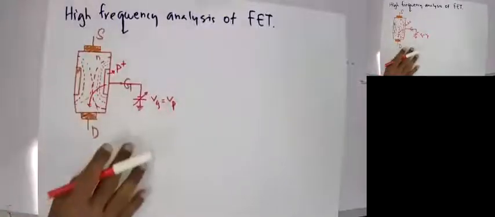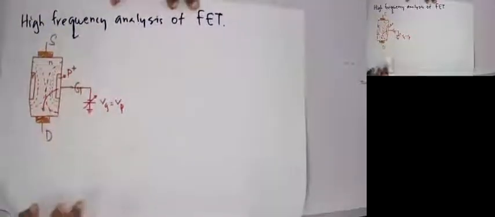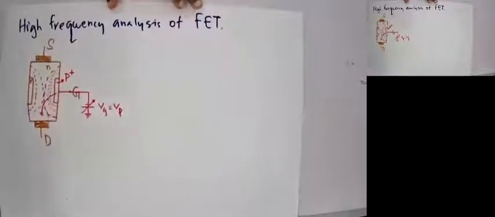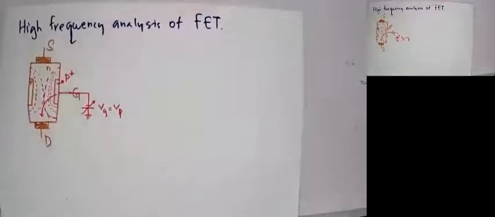Right now, let's see the equivalent circuit of a field effect transistor. We have seen the equivalent circuit of a BJT, the bipolar junction transistor, where both minority and majority charge carriers contribute to the current.